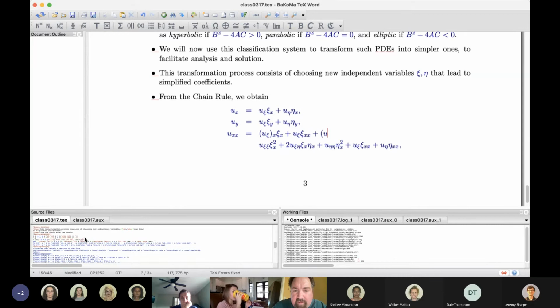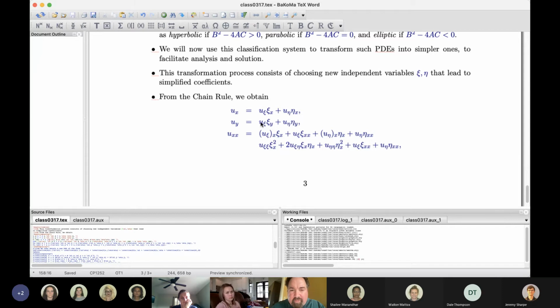So this is what the product rule gives, and you can see the last two terms come directly from here.